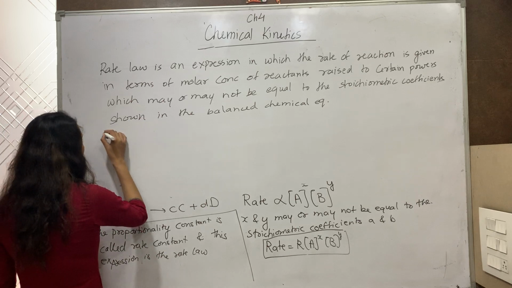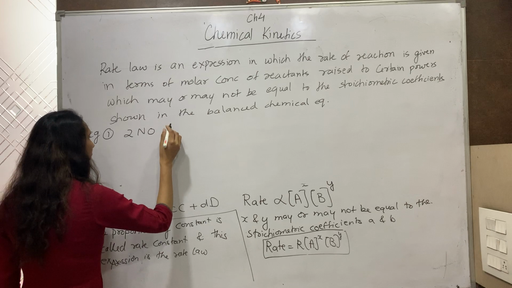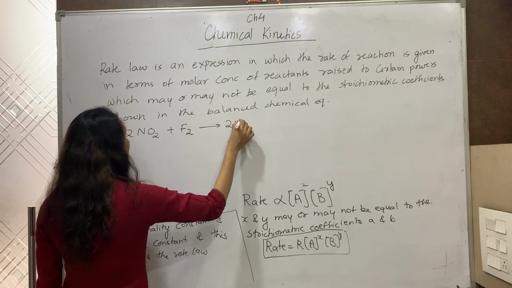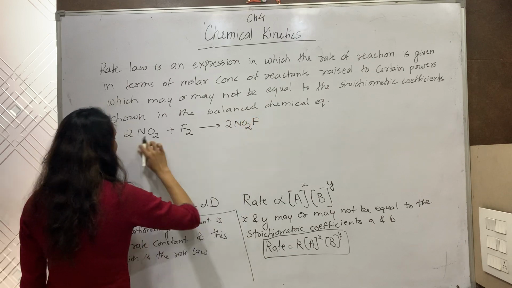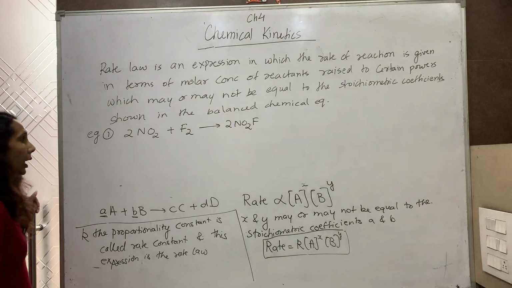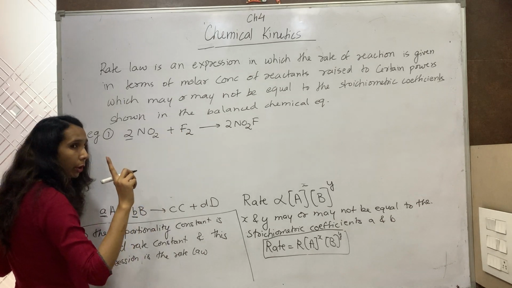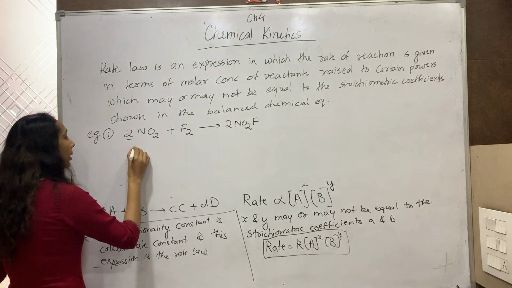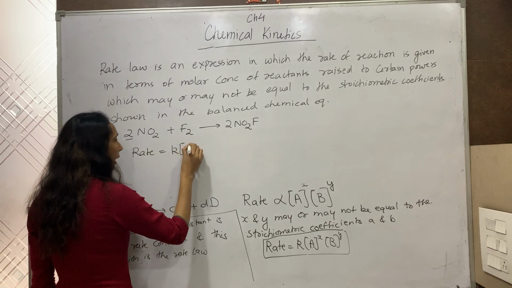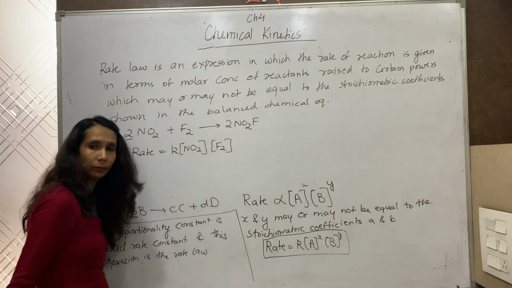I take up an example of equation. Few equations in fact. This is a reaction, 2NO2 reacts with fluorine and the product formed is NO2F. The stoichiometric coefficient of NO2 is 2 and for F2 nothing is written, that means stoichiometric coefficient is 1. The rate of reaction has been found to be k[NO2][F2].